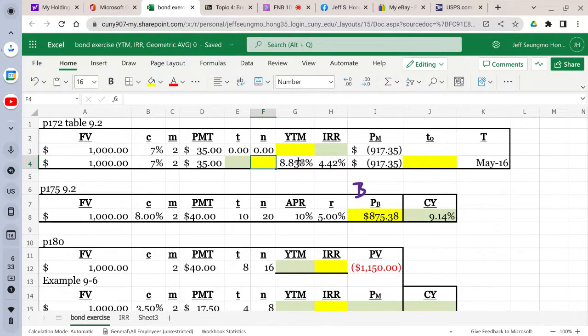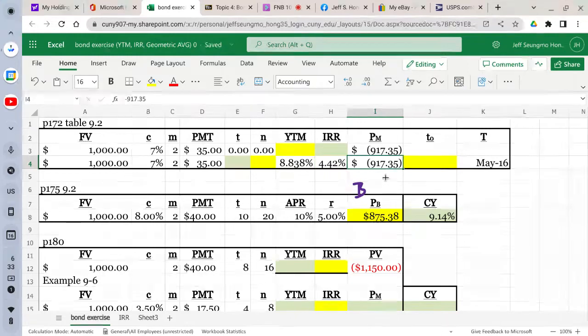This was that CIT Group bond, corporate bond. The yield to maturity was 8.83, right? And it was selling for this price, right?